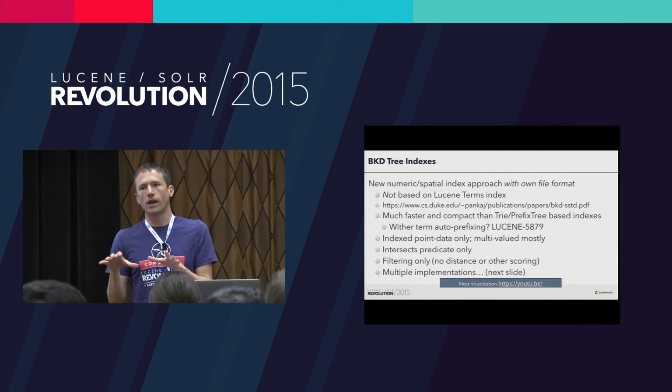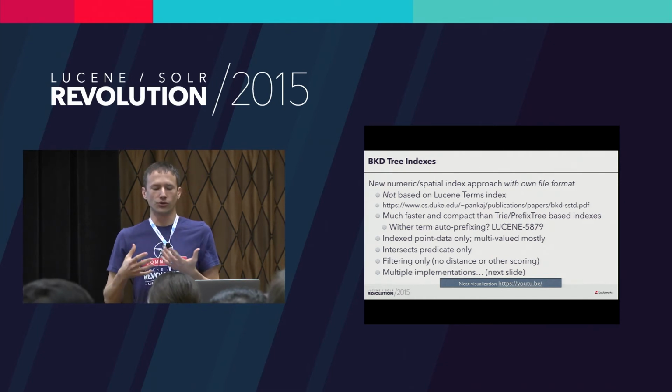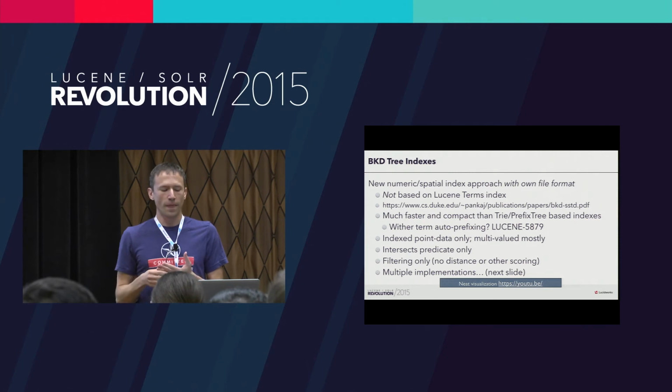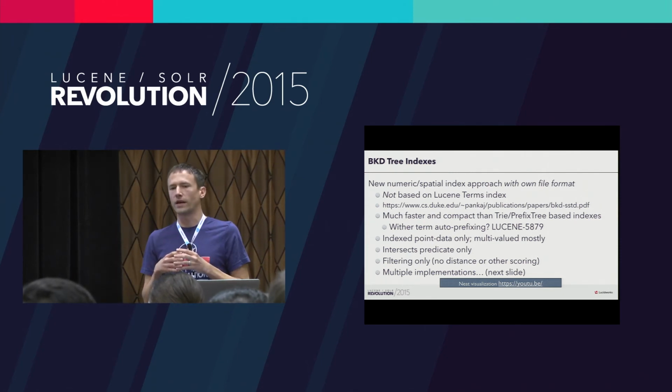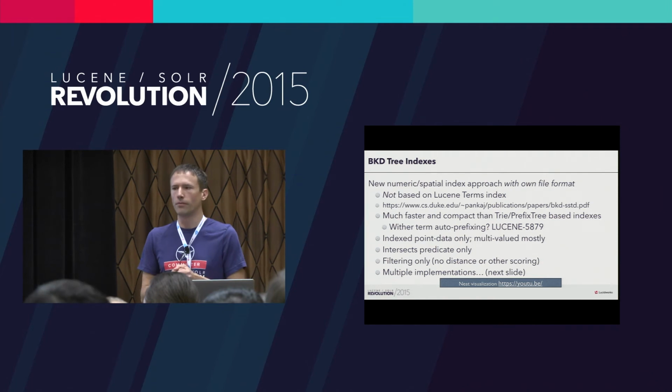So that means that if you want to index, you basically have a terms index. So if you want to try and do tree-like stuff, you basically have to use a prefix tree, otherwise known as a trie. And then you leverage all that Lucene has underneath that to make that fast. Even though it wasn't designed for spatial purposes.